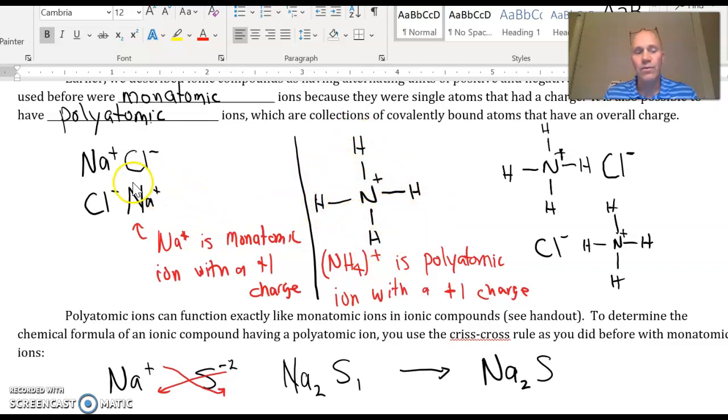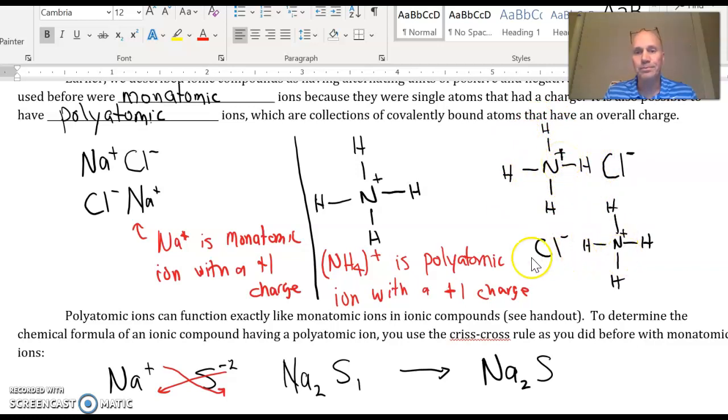So if we were to simply remove the sodium ions from this compound and replace them with these ammonium polyatomic ions, notice you're taking out something that's got a +1 charge, but you're replacing it with something that has a +1 charge. So you could theoretically make an ionic compound which had this structure, where this entire group of atoms serves as the +1 ion.